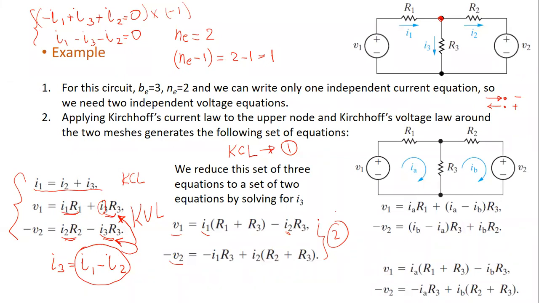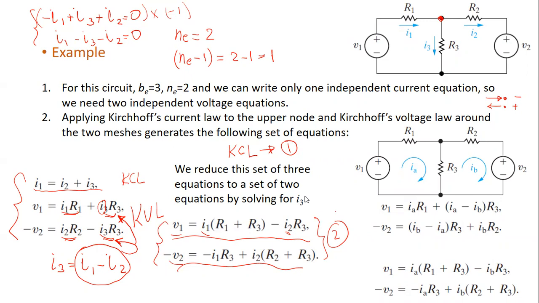And this is actually the concept of mesh analysis: to write KVL. This is one KVL and this is another KVL. So write KVL for each mesh in the circuit, and then you can find all other currents in the circuit.